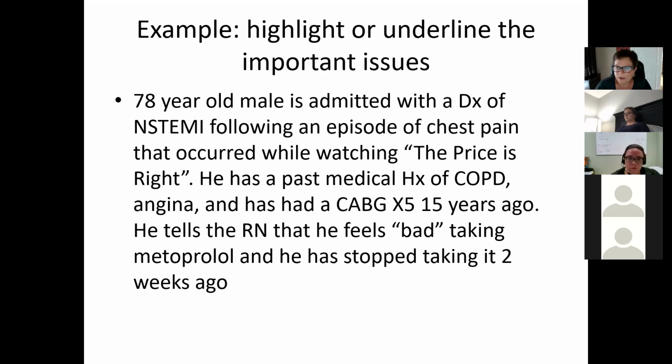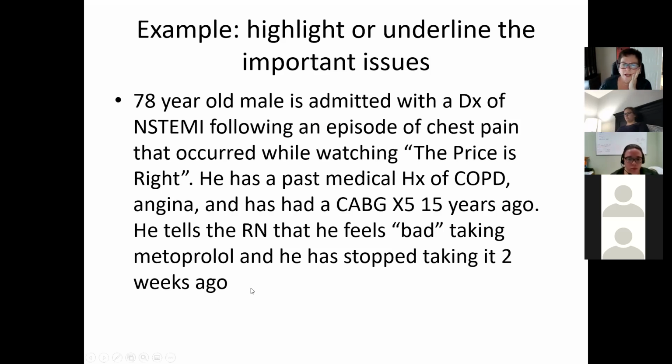He has a past medical history of chronic obstructive pulmonary disease and angina. He had a CABG times 5 15 years ago. He tells the nurse that he feels bad taking his metoprolol, also known as a beta blocker, and he has stopped taking it two weeks ago.